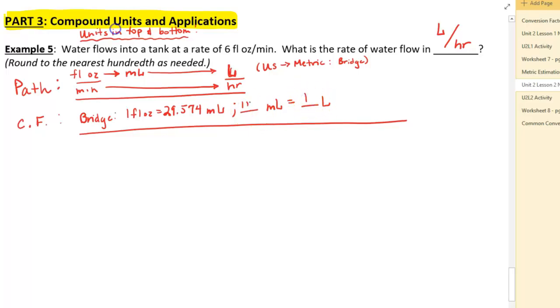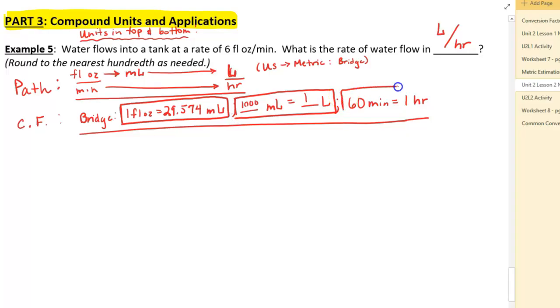Milli is 1,000, so it's 1,000 milliliters is 1 liter. And that will complete the top. And then the bottom, we know that there are 60 minutes in 1 hour. So those are our conversion factors. Our bridge, a metric conversion, and a U.S. customary conversion.